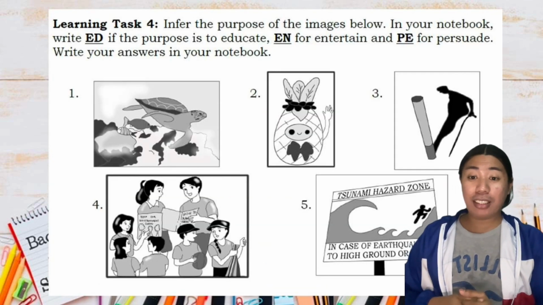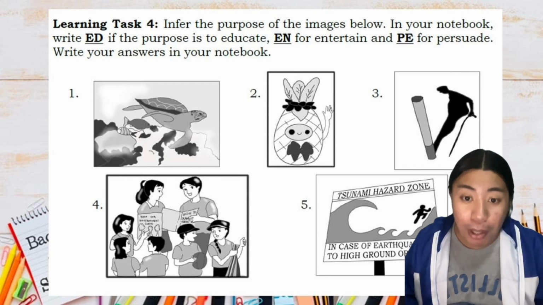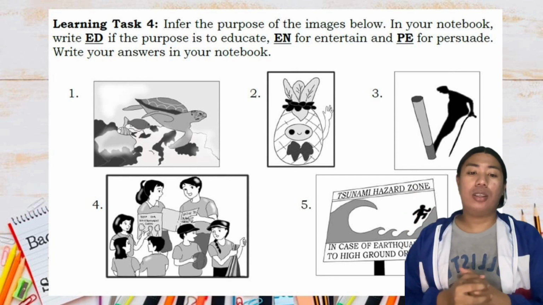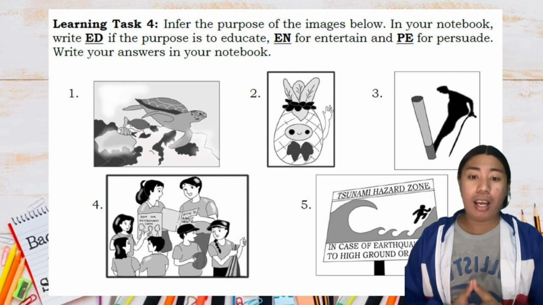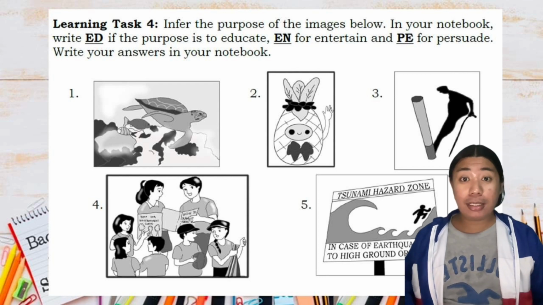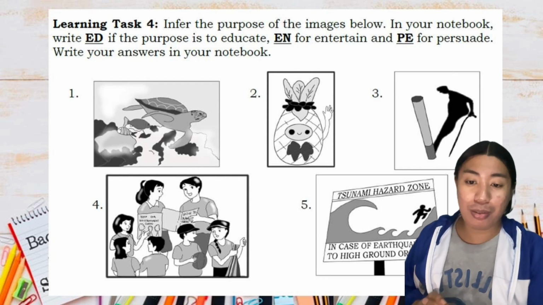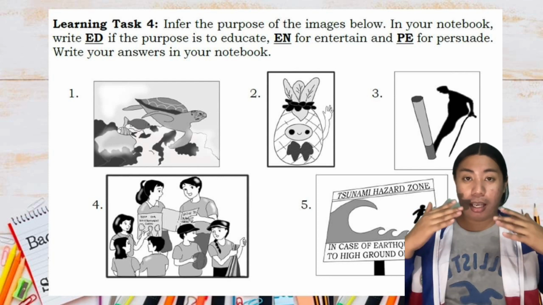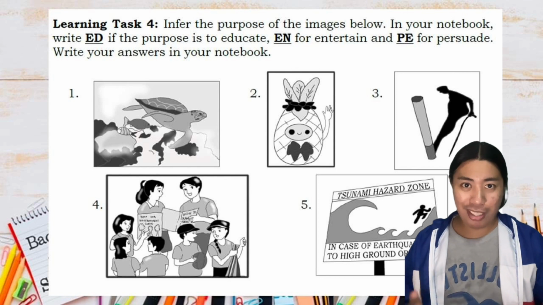For learning task number 4, all you need to do is to enter the purpose of the image here in our slide. So in your notebook, you write ED if the purpose is to educate, write EN if the purpose is to entertain, and write PE if the purpose is to persuade. So look at the pictures, observe the pictures, and classify it sa tatlong purpose of the images.